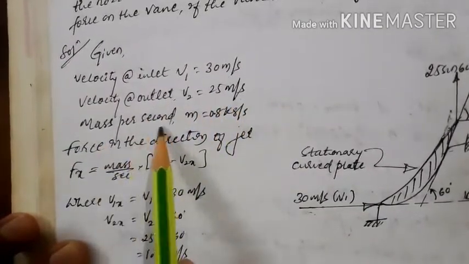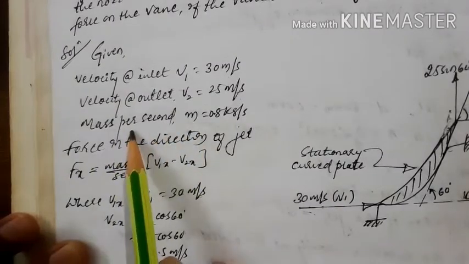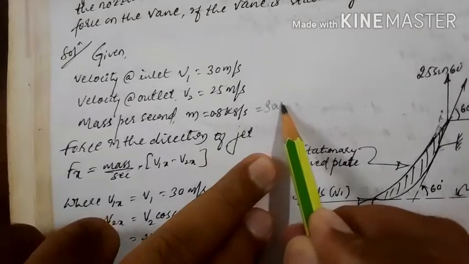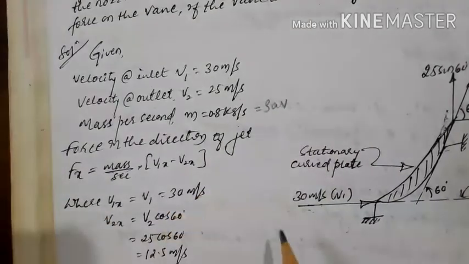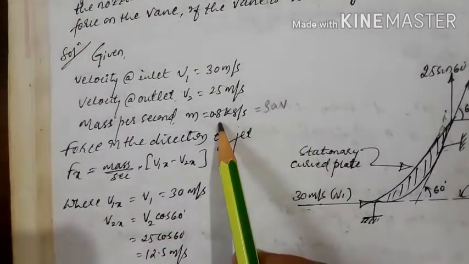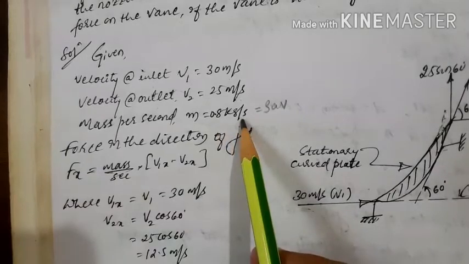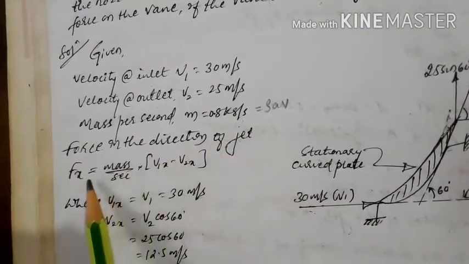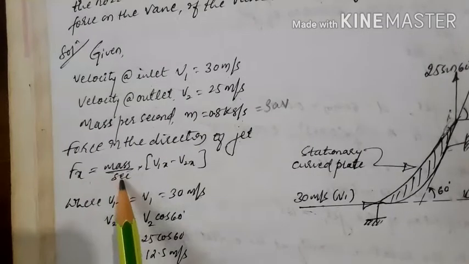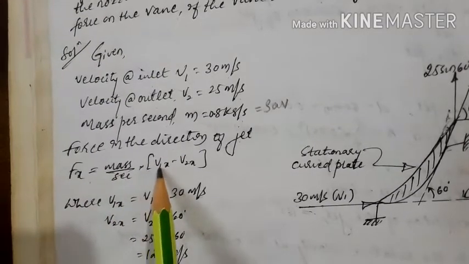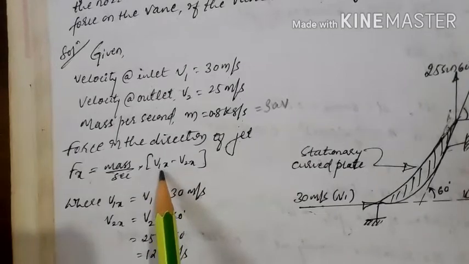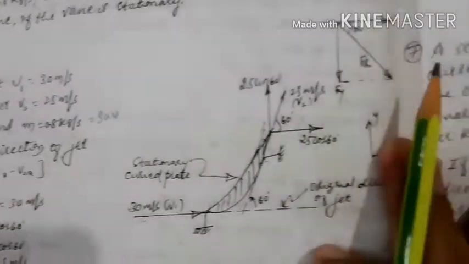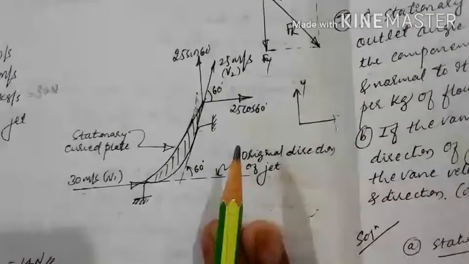Then the mass per second, that is rho AV, is given directly as 0.8 kg per second. The force in the direction of jet, the formula we know, Fx is mass per second into initial velocity minus final velocity, that is V1x minus V2x. First, with the given data, you draw the figure.